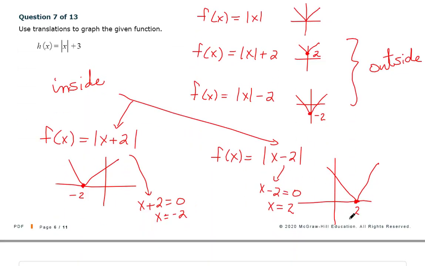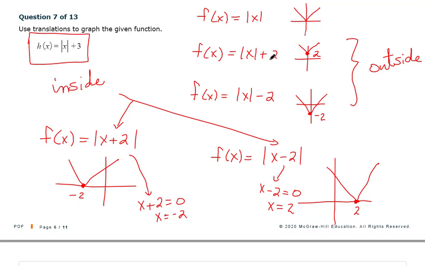All right, now in question 7 we get something new. They want us to figure out what absolute value of x plus 3 looks like. Well, absolute value is a V shape. Now I want to look at all the possibilities. What if I add 2 or subtract 2?